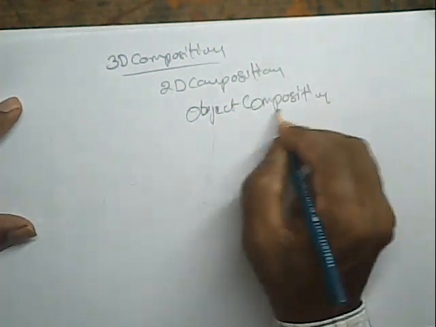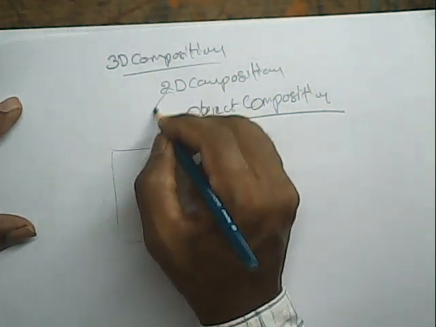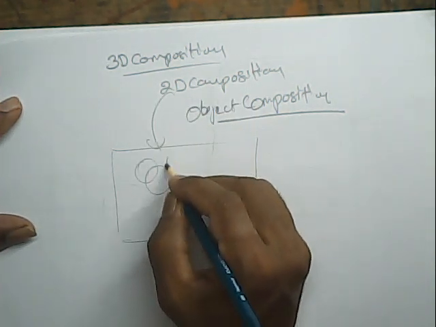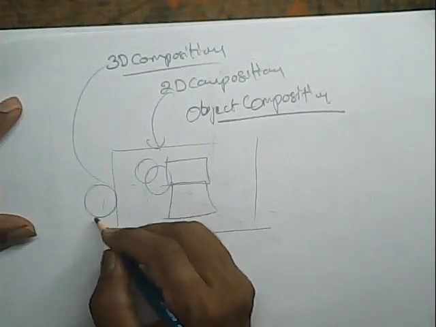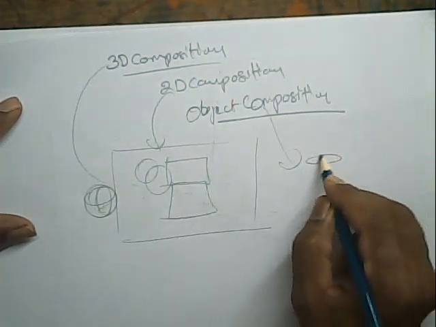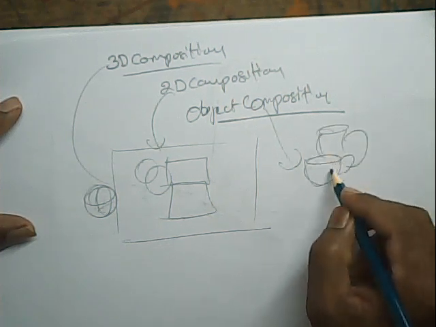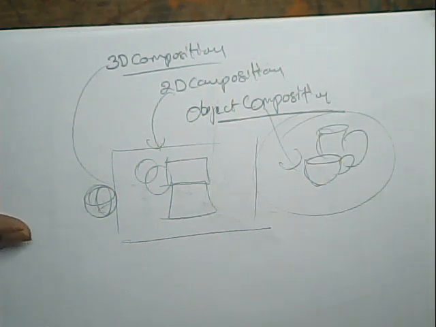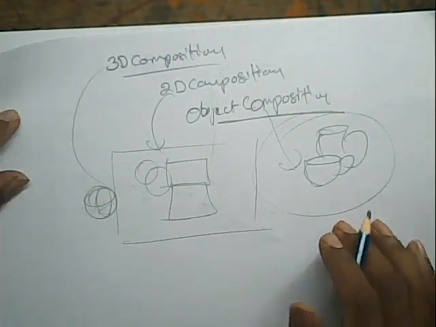So what does composition mean? It is putting things together, using 2D shapes for 2D composition and 3D shapes for 3D composition. Making a composition means keeping objects together.